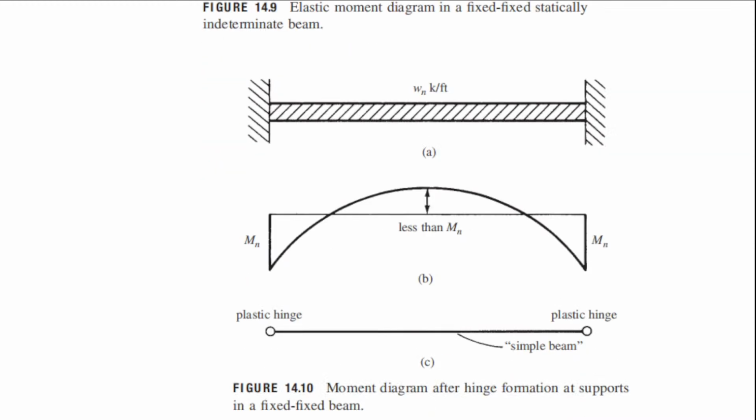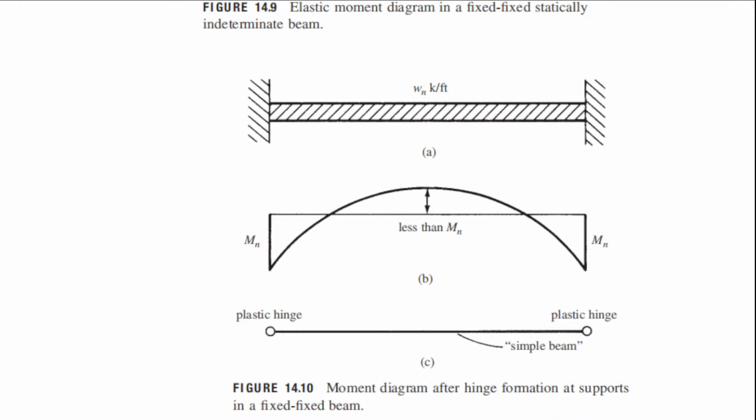So this is a fixed-ended beam, but after the moment at the support reaches the value Mn, it will be converted to a plastic hinge, so it will become a simple beam rather than a fixed beam.